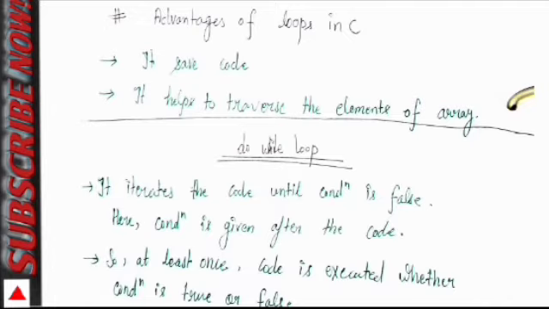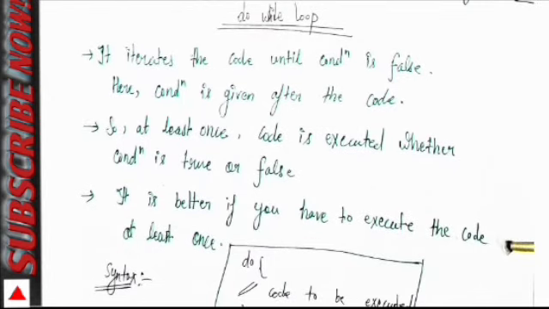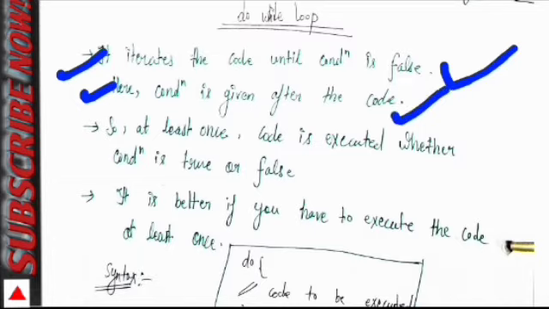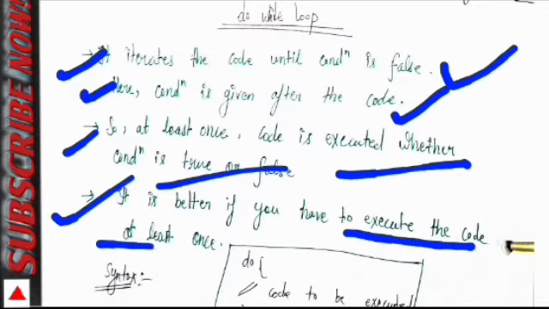Now come to the do while loop. Some important points related to do while loops: first, it iterates the code until the condition is false. Here the condition is given after the code, so the code is executed at least once whether the condition is true or false. And third, it is better if you have to execute the code at least once.